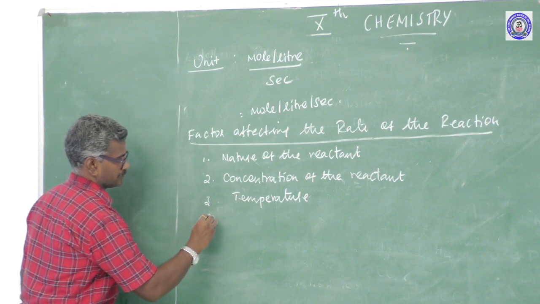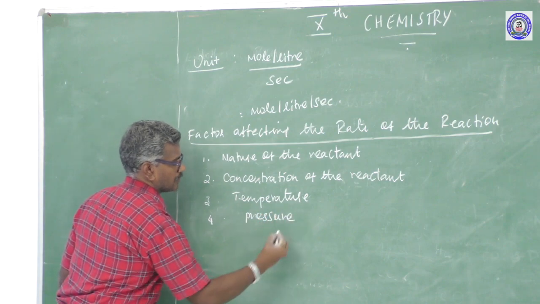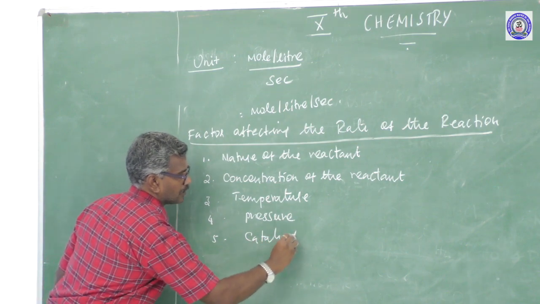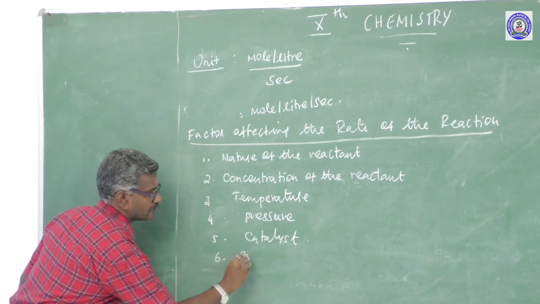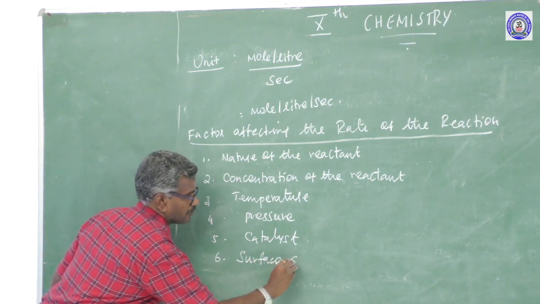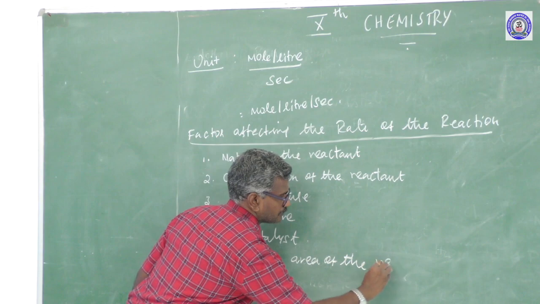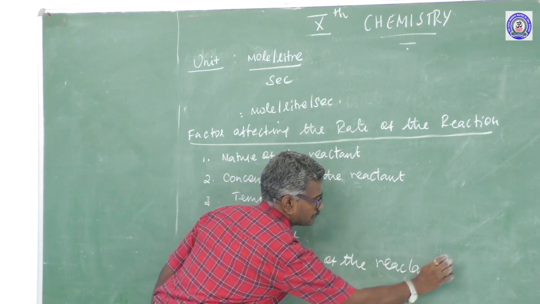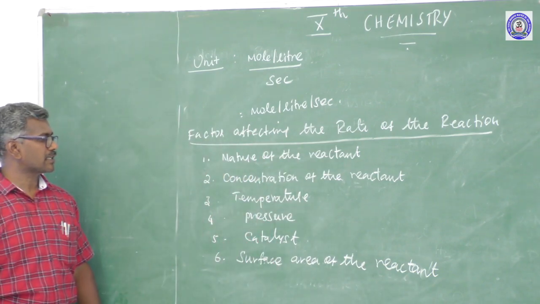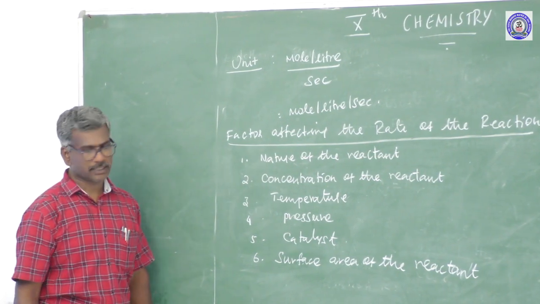Temperature, pressure, catalyst, surface area of the reactant. These are the factors affecting the rate of the reaction. First one is nature of the reactant.